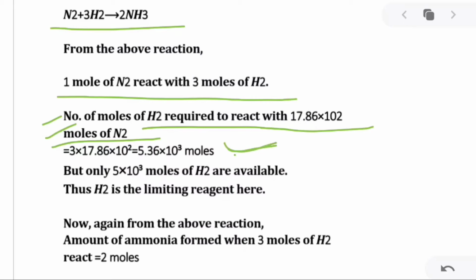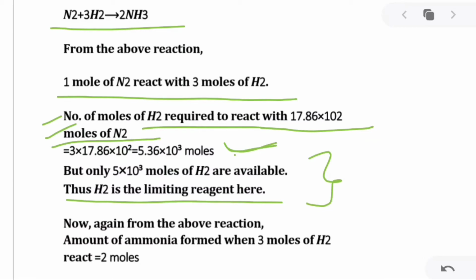It is equal to 5.36 into 10 to the power 3 moles. But we have only 5 into 10 to the power 3 moles as calculated before, and we need 5.36 into 10 to the power 3 moles. So it clearly implies that H2 is the limiting reagent.